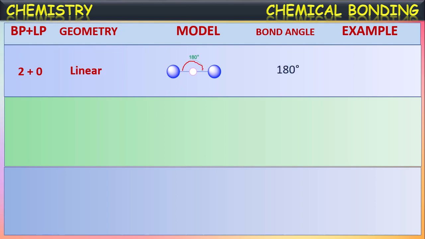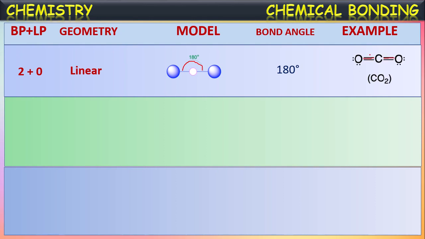Now, an example of a molecule having this linear shape with only two bond pairs and no lone pairs is CO2. See here, the central atom C is connected with two oxygen atoms. While predicting the shape, we are told to assume that multiple bonds are also single bonds. Now this is one bond pair, this is one bond pair.